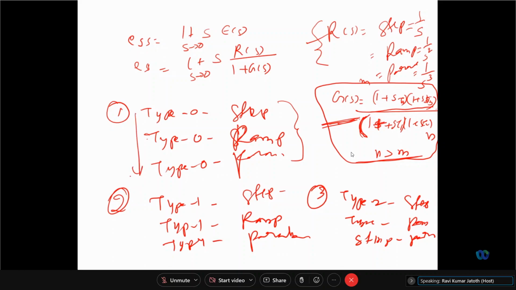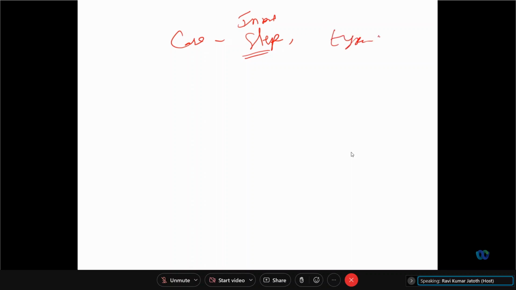Which will we fix? Type is what we fix, or input is what we fix? I am fixing the input as step, and for various values I am trying to take type 0, 1, 2 and so on.